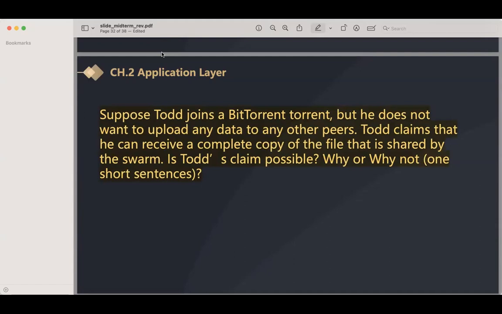So I will maybe just simply ask you to answer this question, just yes or no. If we get a lot of wrong answers, then we have a look at the slides. Is it possible?